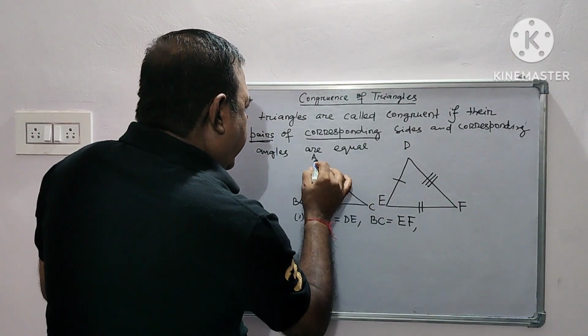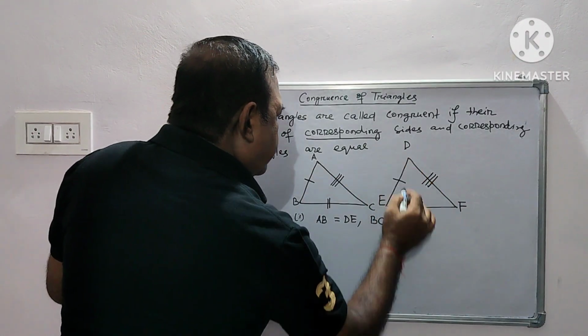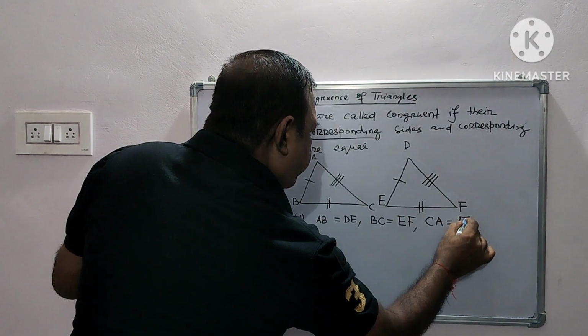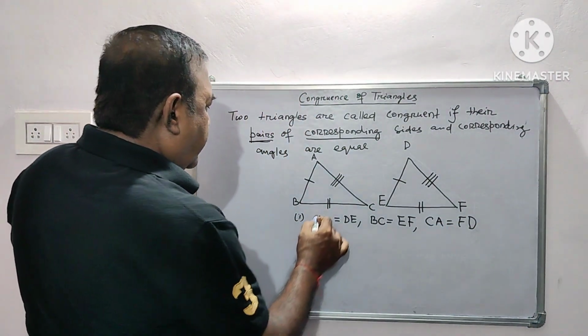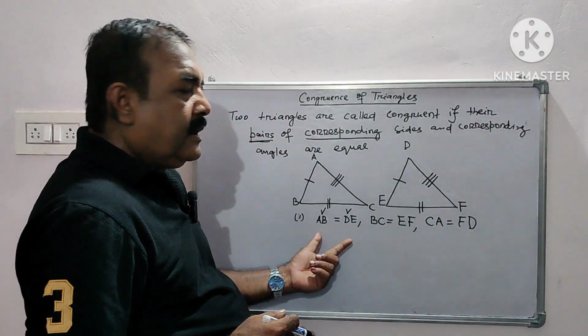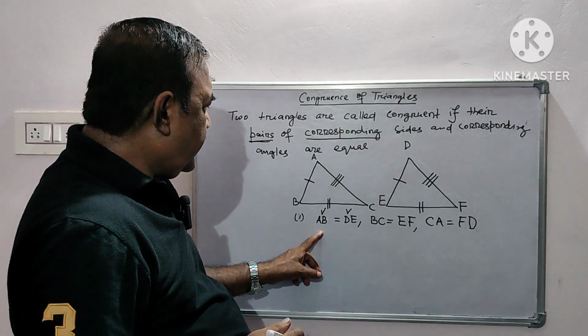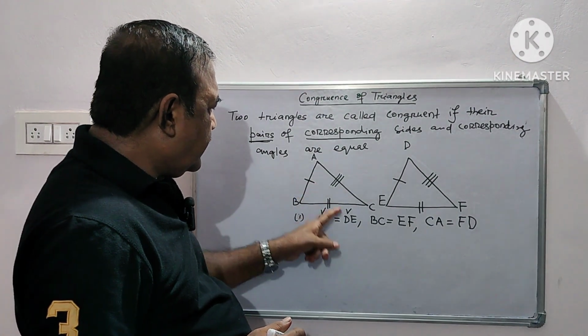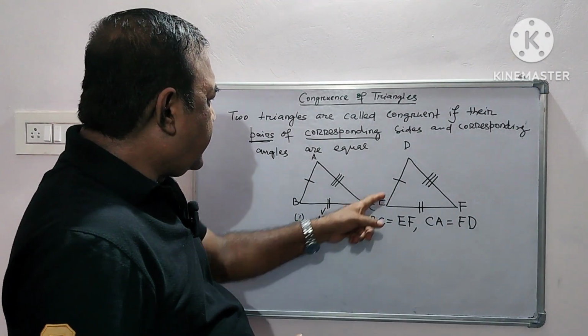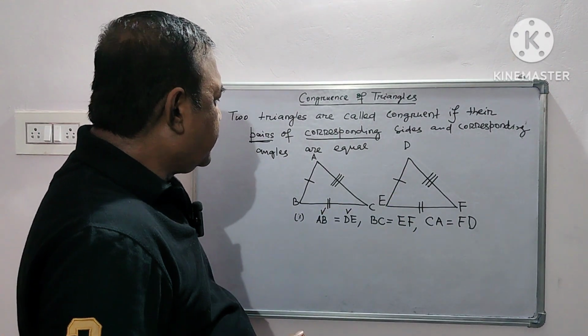Then from C to A, from F to D, CA is equal to FD. So AB and DE are the corresponding pair, AB is of triangle ABC and DE is the side of triangle DEF.